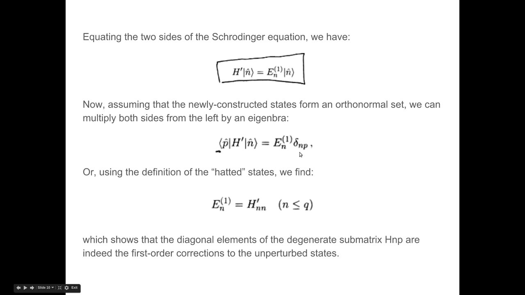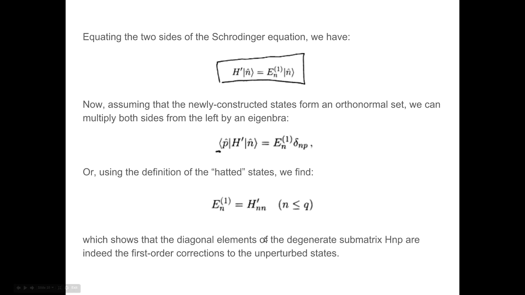This delta function is telling me that it's going to be 0 unless n and p are the same. So what we have really is that the first order energy shift is the diagonal elements of this perturbation Hamiltonian. And that's exactly what we set out to show, that the diagonal elements of this degenerate submatrix are the first order energy corrections to the unperturbed states.